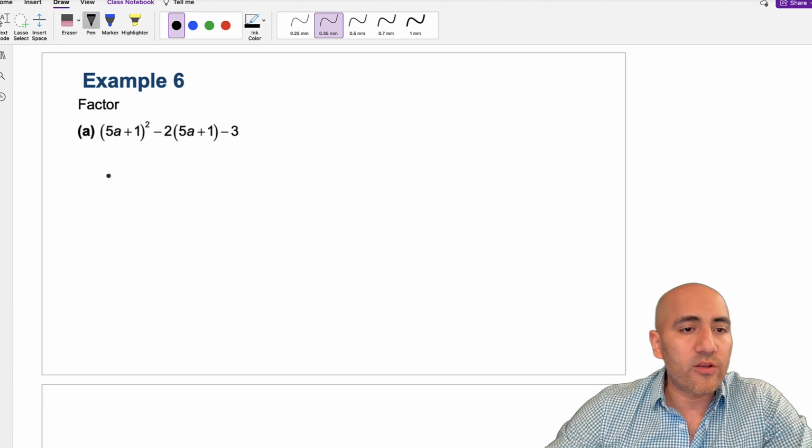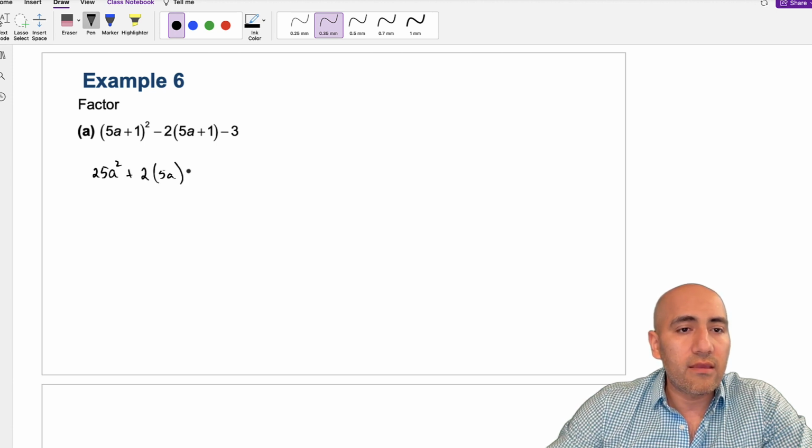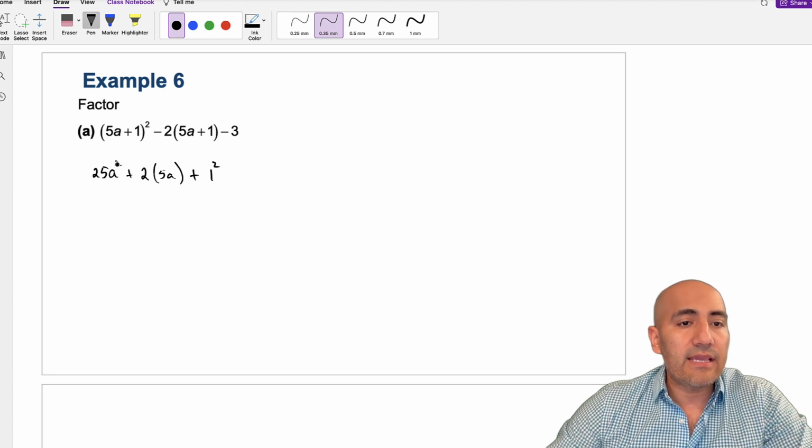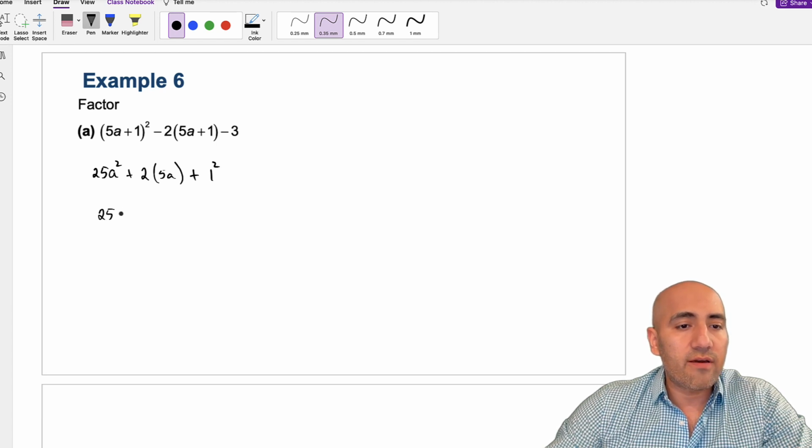We know we end up with 25a squared plus 2 times 5a times 1 plus 1 squared. Just noticing the pattern of (a plus b) squared is a squared, b squared, twice the a times the b in the center. So I know that this turns into 25a squared plus 10a plus 1.